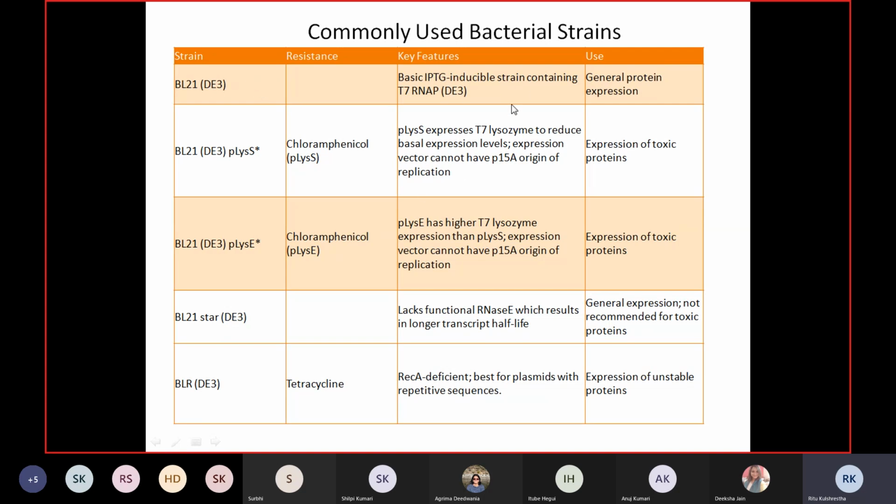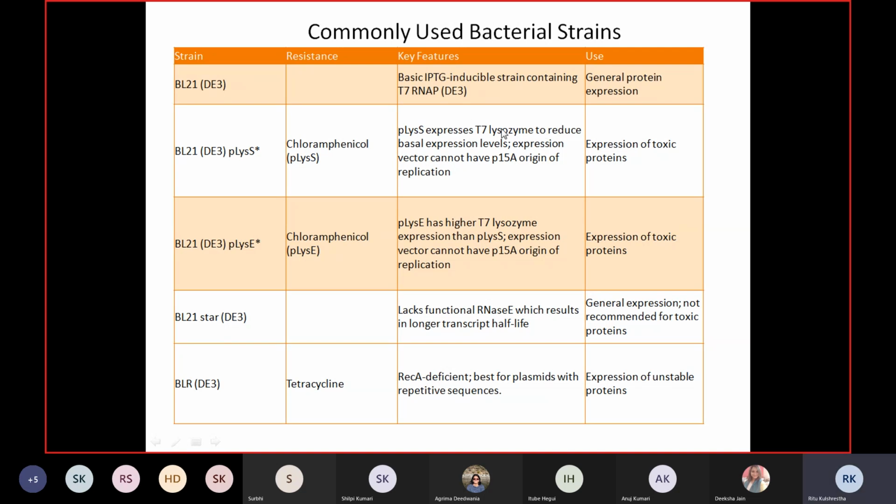Now, they have introduced T7 lysozyme here, which is expressed as part of a plasmid. It means that in this bacterial strain, they have already introduced a plasmid which expresses T7 lysozyme.